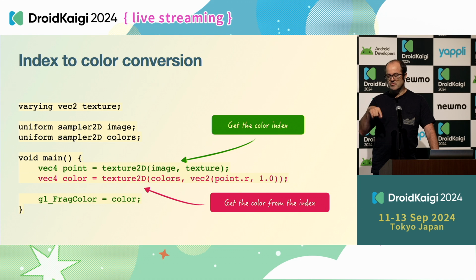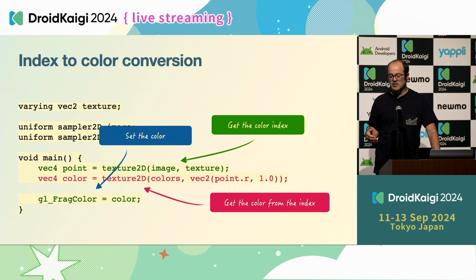Then with this color index, I check the other picture and get the color at the color index position. At the end, I get the final color and I can set it. Like that, the GPU is doing more things than before. And it's still something I can implement in different kinds of shaders.